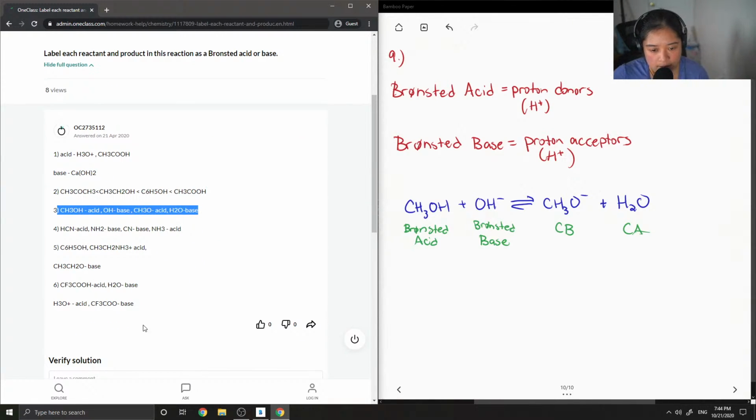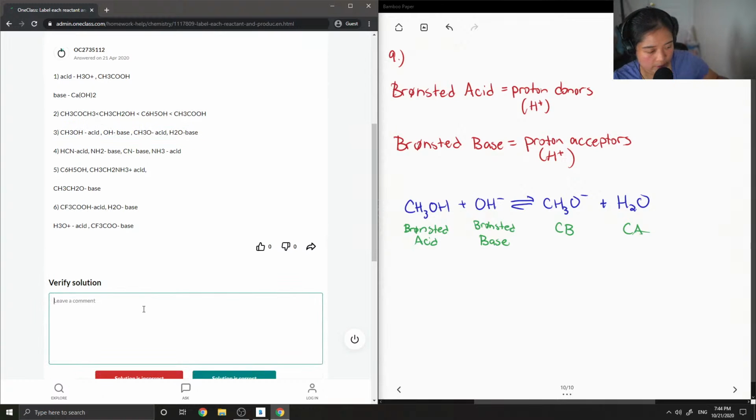So technically this answer is correct. I'm just going to specify solution is correct. Then just put in brackets number 3 corresponds to question.